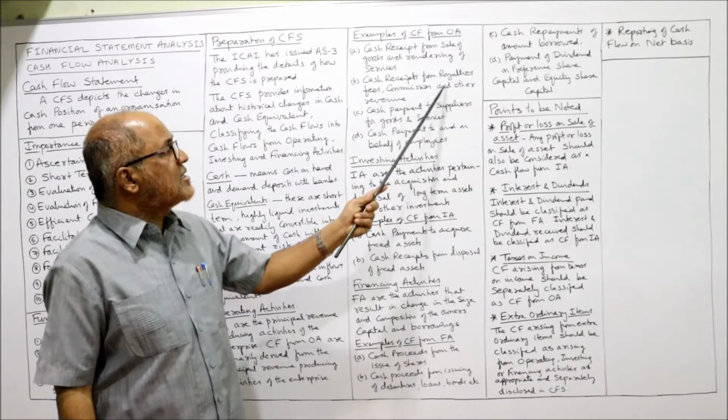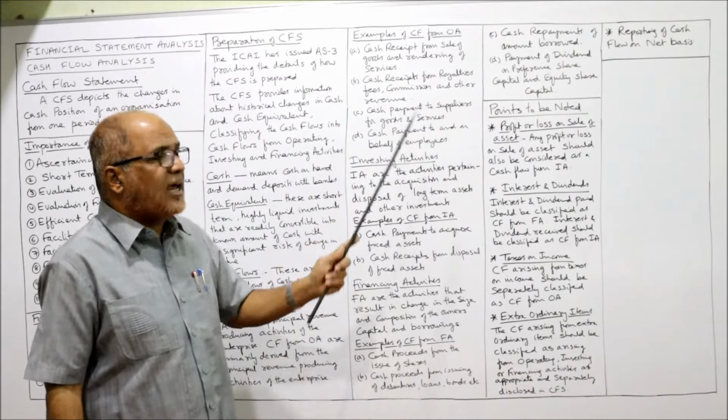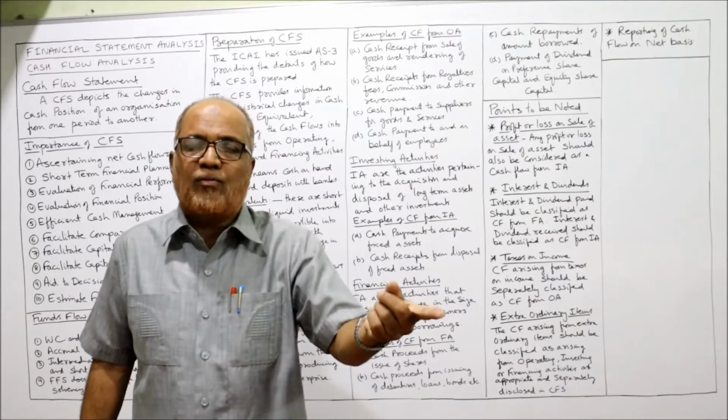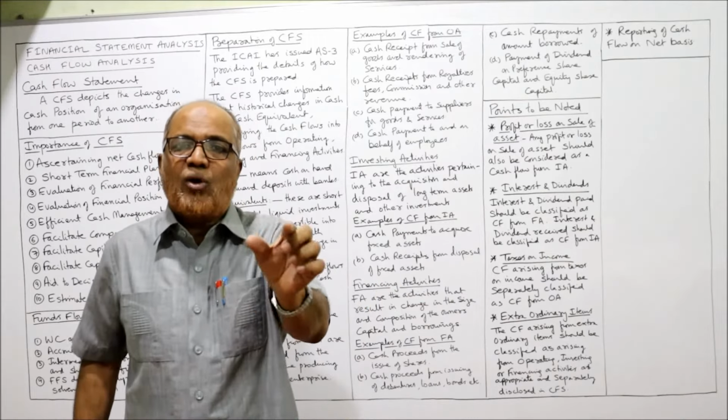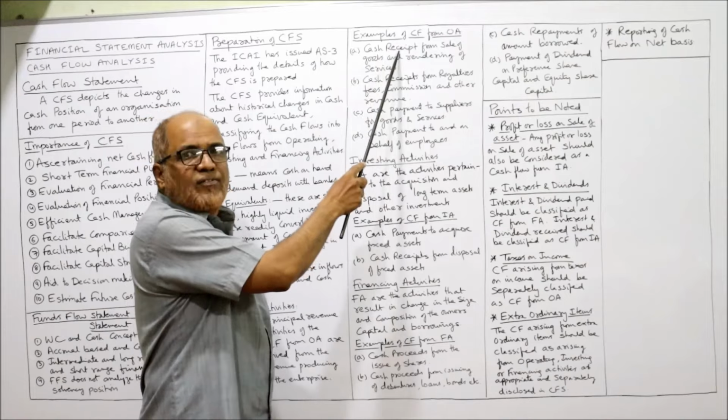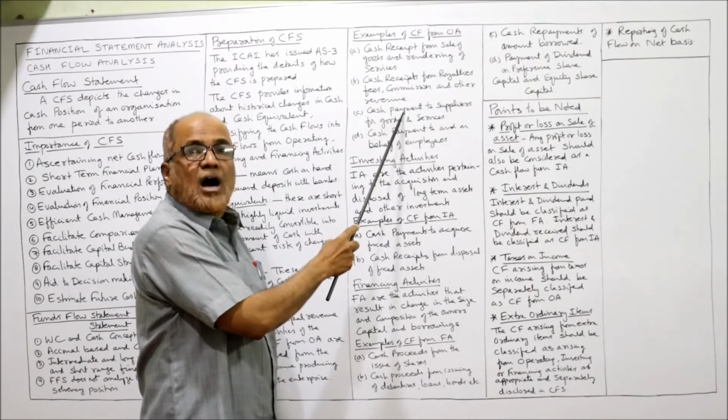Then second, cash receipts from royalties, fees, commission and other revenue. So any revenue received from royalty or commission or fees, or then cash payment, because when we say flow, it means inflow as well as outflow. So when we say cash flow from operating activity, it means cash inflow as well as cash outflow. So here cash receipt is inflow, whereas cash payment is outflow.